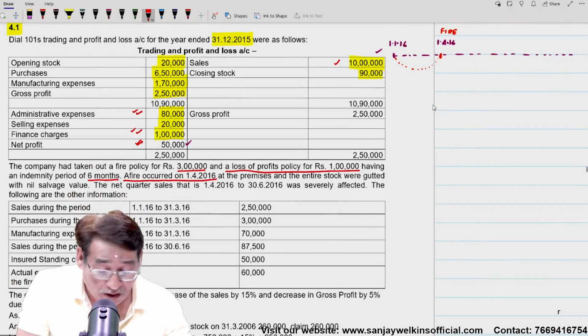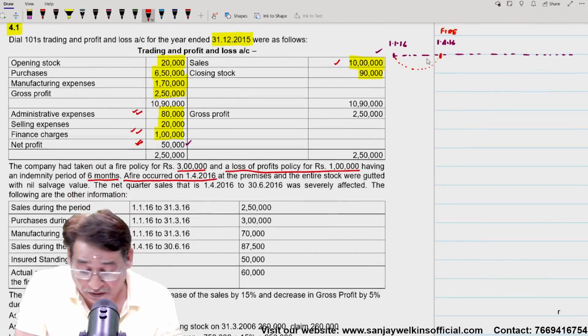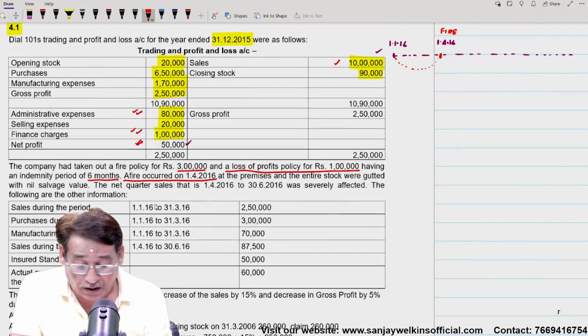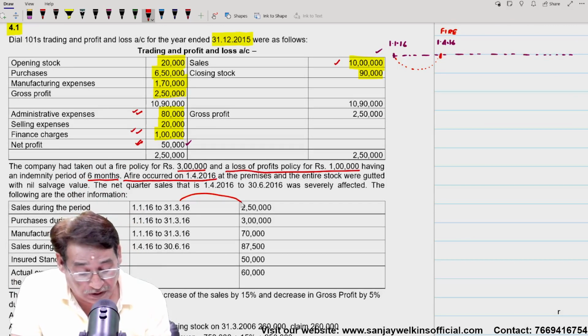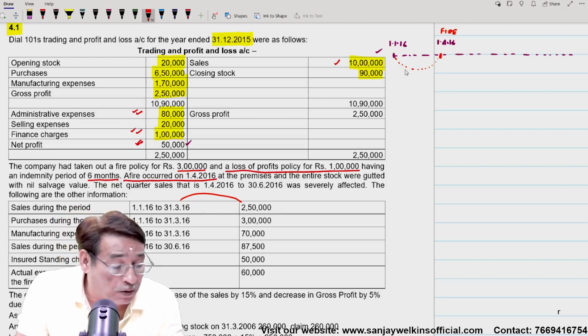Anyway, as far as the date of fire is concerned, during these 3 months, it is given to you below that sales from 1/1/2016 till 31st of 3/2016, that means during this particular period, your sales amounted to 2,50,000. It is clearly given in the question.